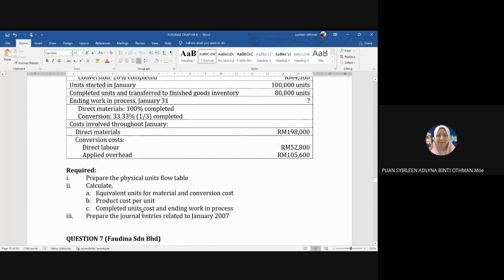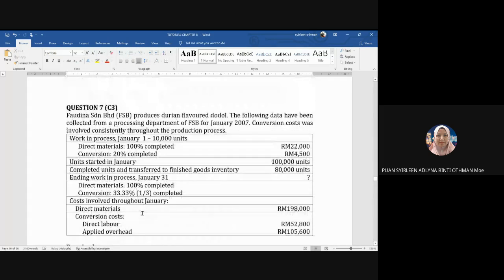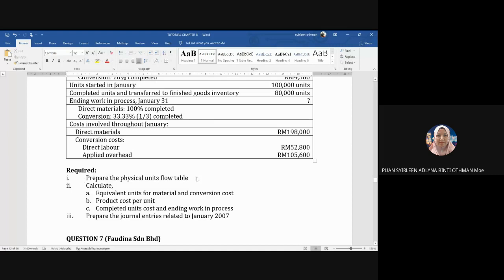When you get something like this, like question 7, dia dah bagi awak table and all, and then dia require kita prepare physical units flow table. Dia minta table untuk physical flow saja.